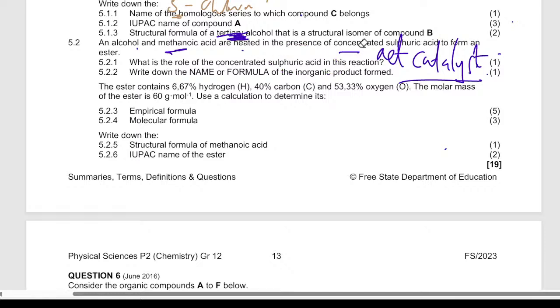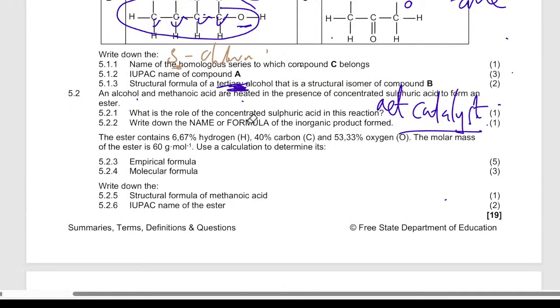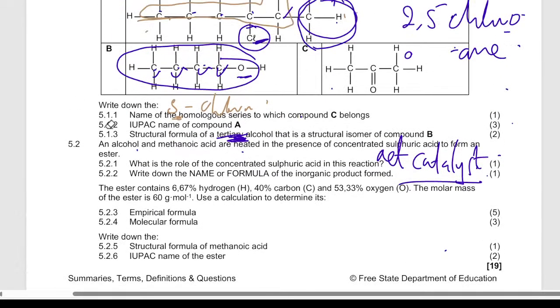We said it's a catalyst. Then they're saying write down the name and the formula of the organic product formed. So what reacted? They said an alcohol and methanoic acid are heated in the presence of sulfuric acid to form an ester.